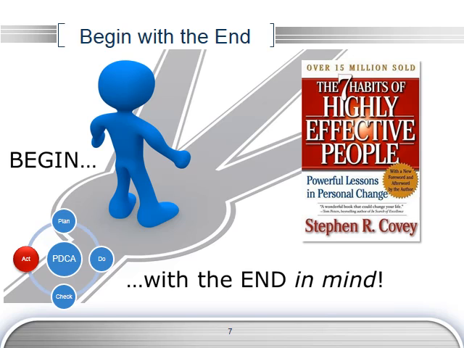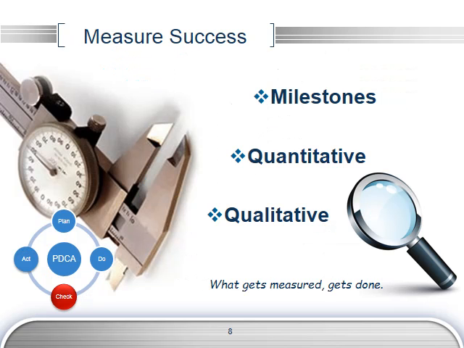Then I want you to jump back just one block to check. What I refer to is actually measure, and I want you to write down the things that you can actually physically measure that will tell you whether or not you've completed something.